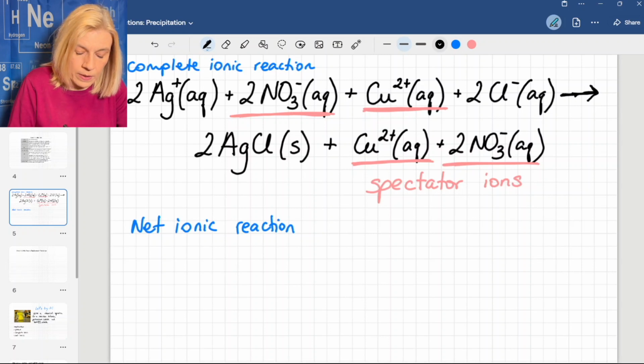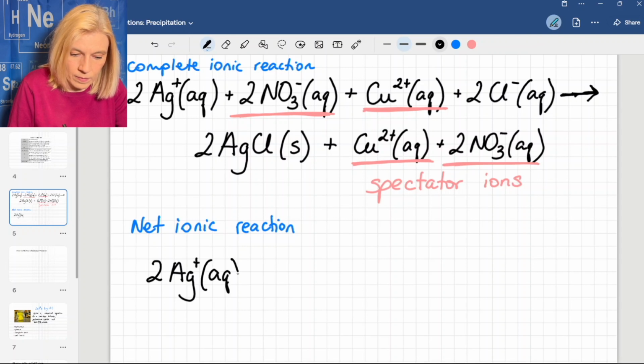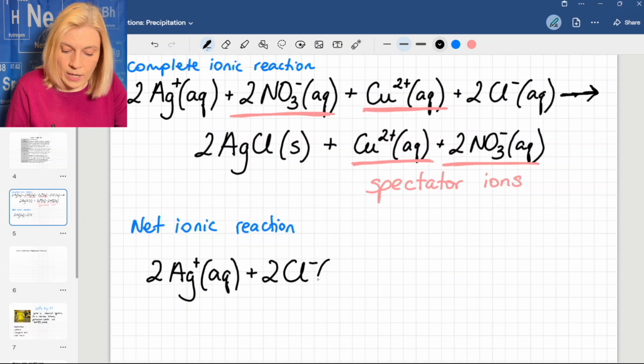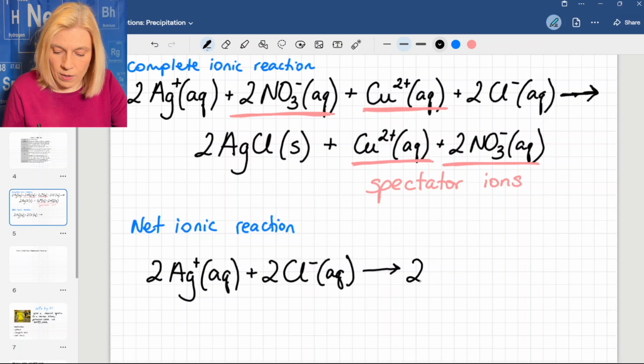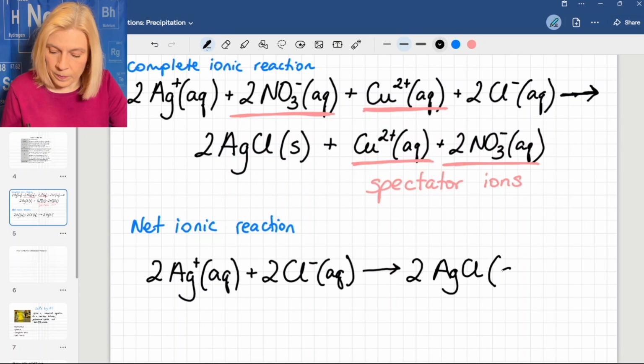So what happened? We had 2 silver ions reacted with 2 chloride ions, and they form a solid, silver chloride.